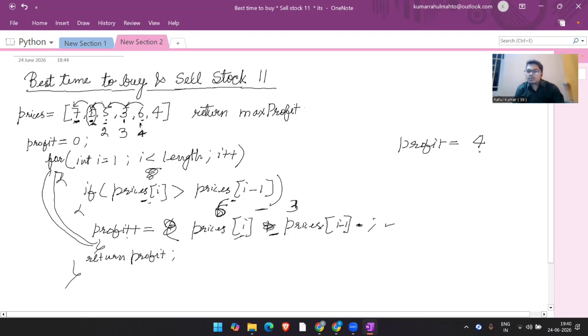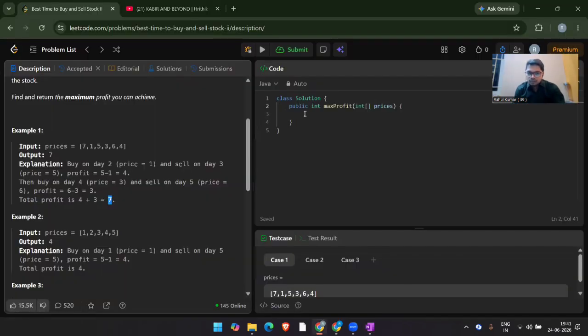Previously profit was 4. 4 plus 3 will be 7. So the combined profit will be 7, and this will be the output. So we will come out from this loop and we will return profit. So let me take you through the code.